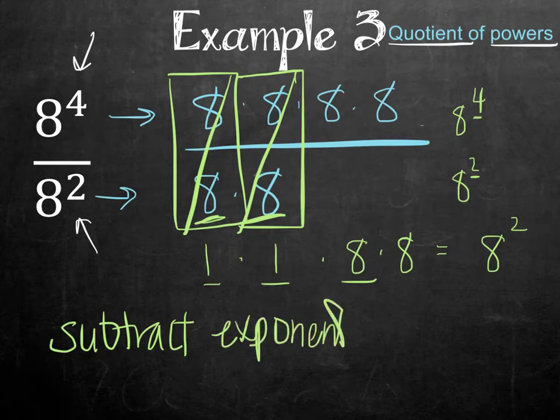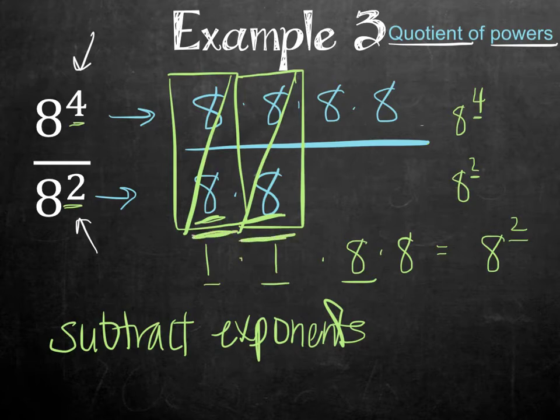And that should make sense because when we multiplied, we added the exponents. The opposite of multiplication is division, so it makes sense that we should subtract the exponents when we divide. I want you to note that even though I used 4 and 2, and 4 divided by 2 is 2, that's a coincidence. We are going to be subtracting the exponents because we're taking away these factors.